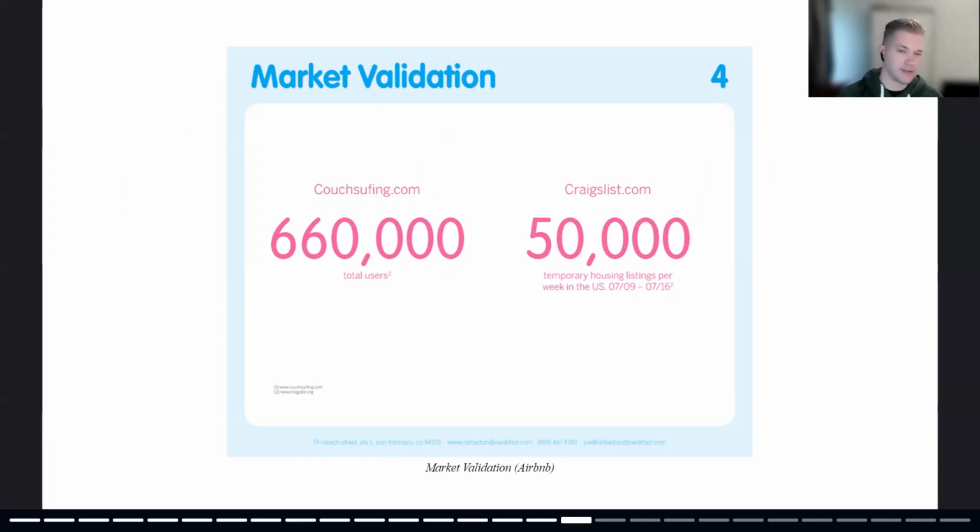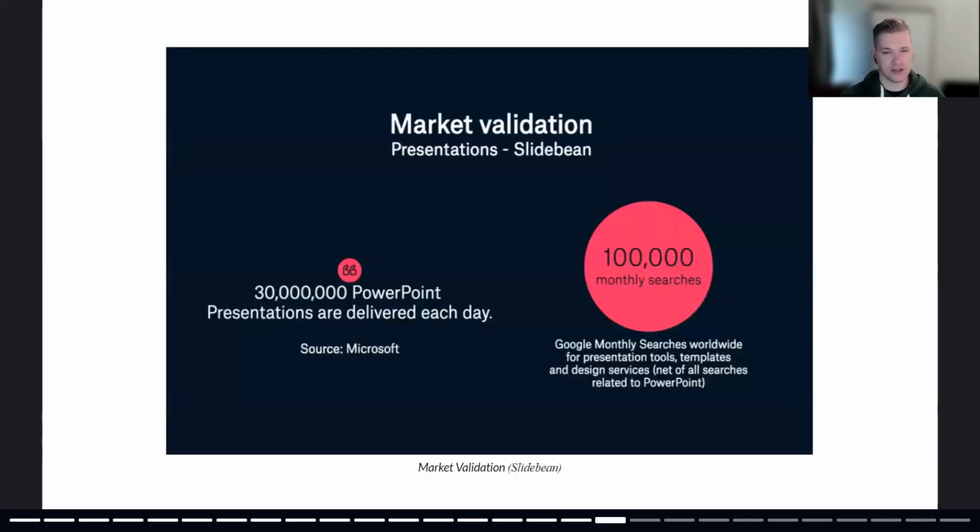They didn't have the product yet, but they showed that in couch surfing, which I think still works, where you also could rent a bed at other people's houses to stay overnight, there are this many people using this service. Craigslist, which is the equivalent of SS.lv in Latvia, they showed how many listings there are for temporary housing in the USA. So it just gives a sense that, okay, there is a market.